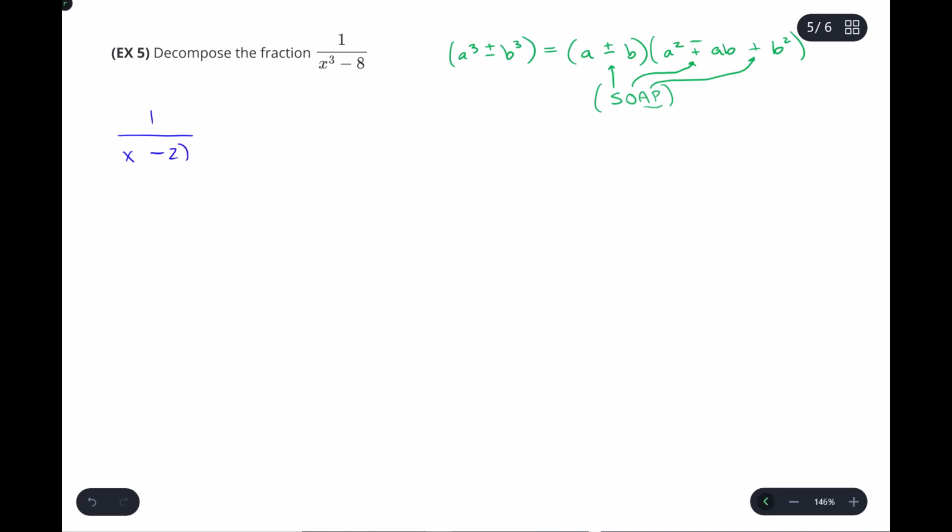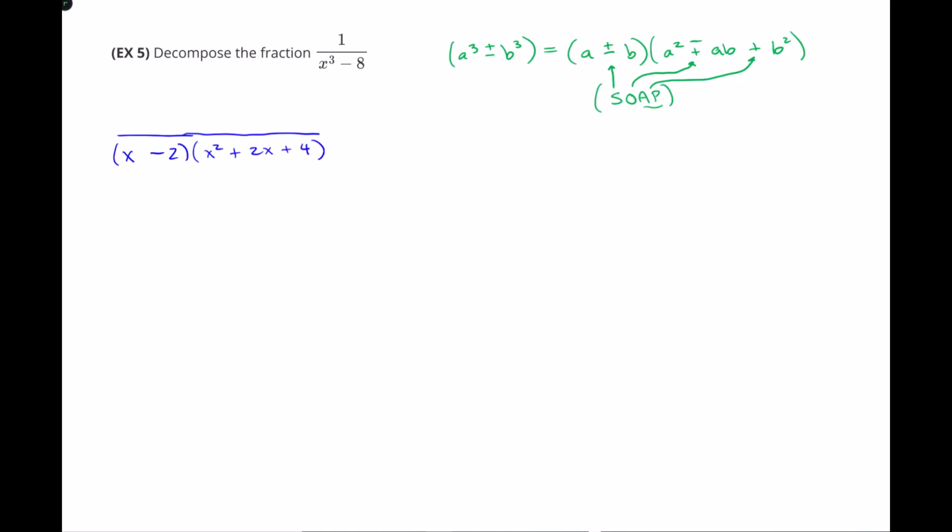I guess I should leave a little more space in the numerator. And then it's going to be x squared, and then it's the opposite sign of this, so then plus 2 times x, and this one's always positive, and then b squared, so that would be 4. I'm just letting a, of course, be x, and b be 2, because that's the cube root of 8. So that's the factorization.